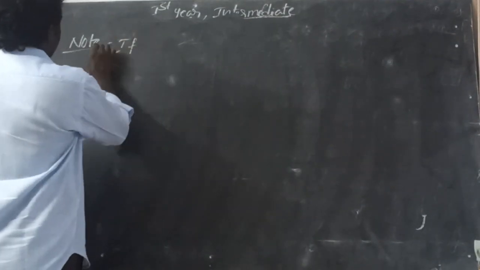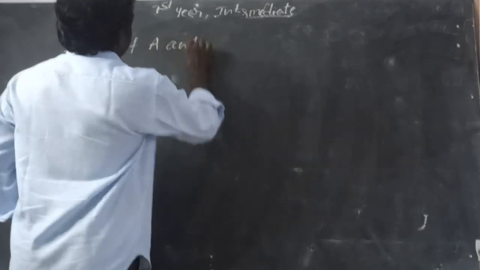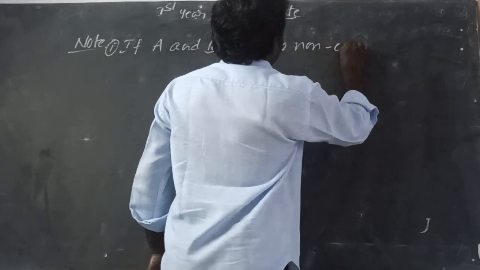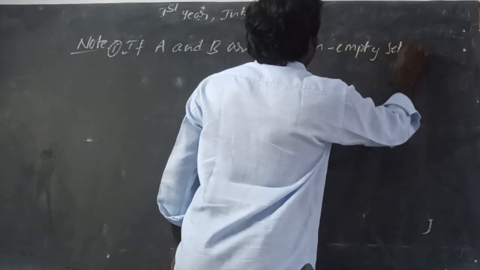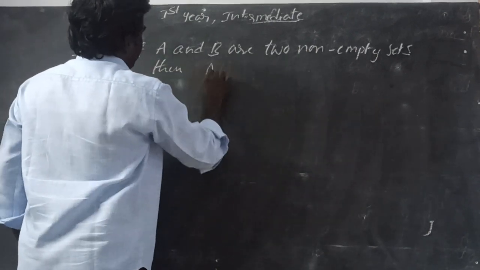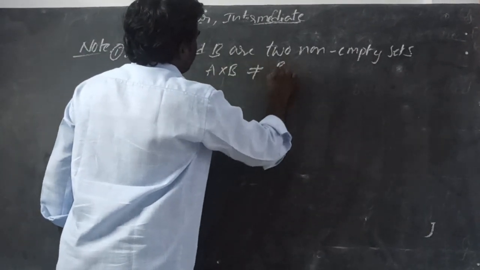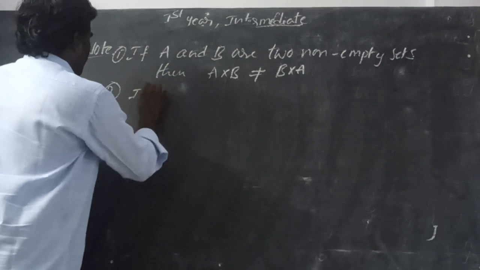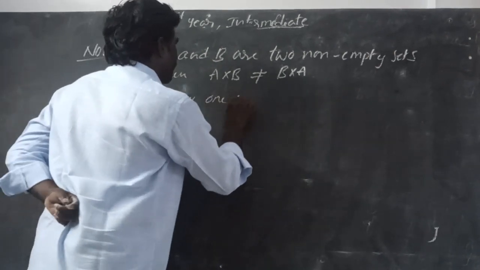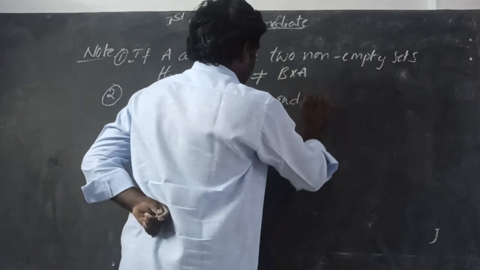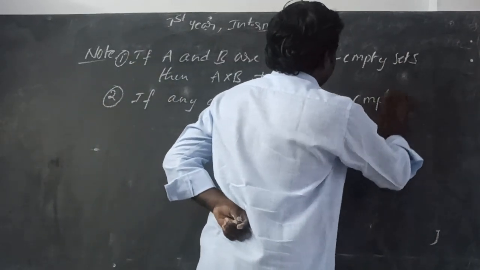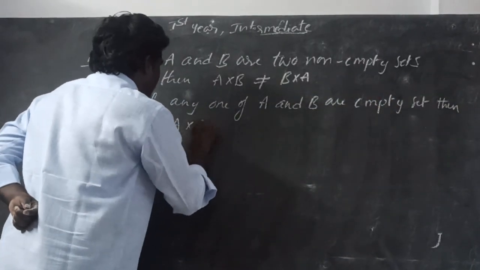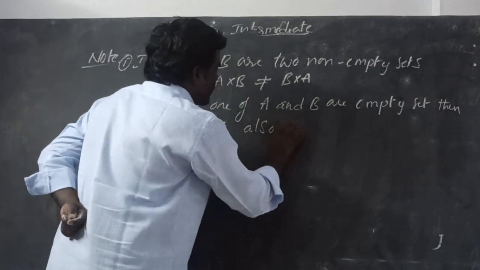If A and B are two non-empty sets, then A cross B is not equal to B cross A. Next, the second one: if any one of A and B is an empty set, then A cross B is also an empty set.